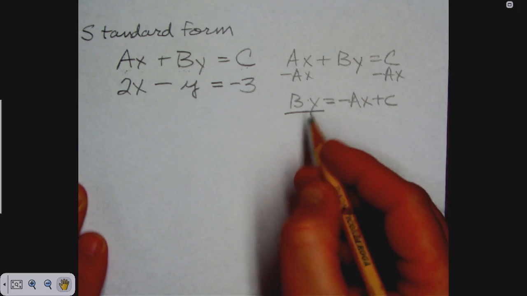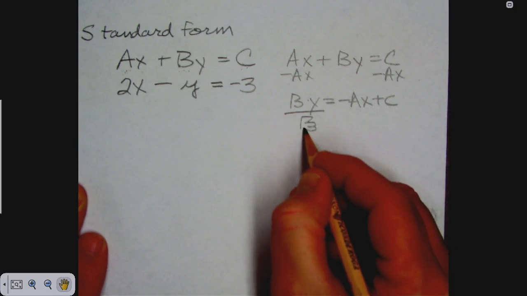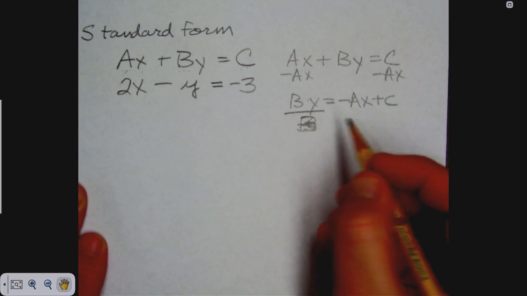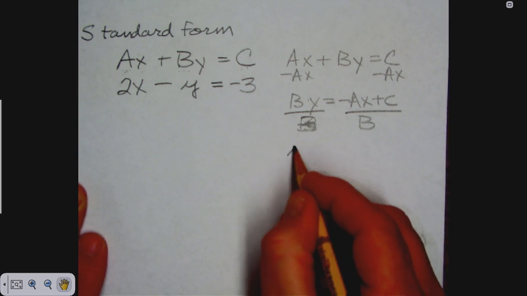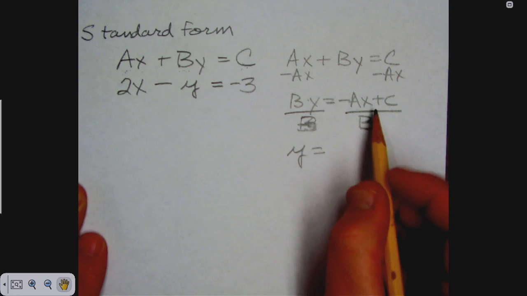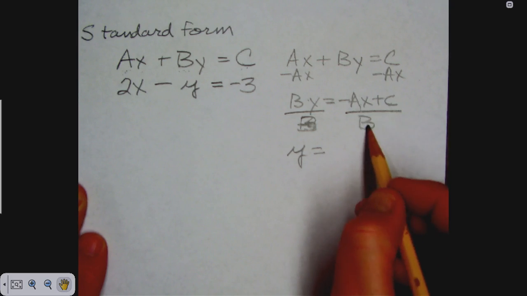I can divide both sides by b. Whoa, I need to look at the paper, not the screen. By b, and I get y is equal to, this needs to be distributed here over division.